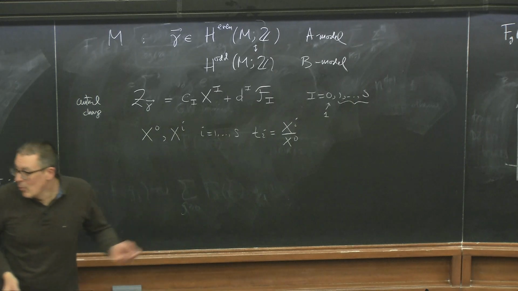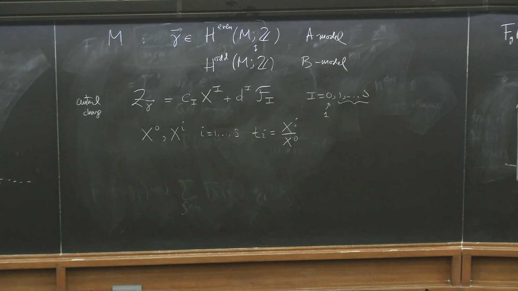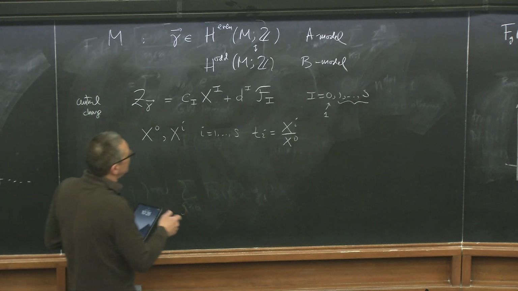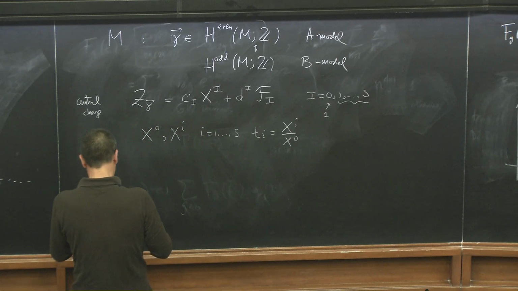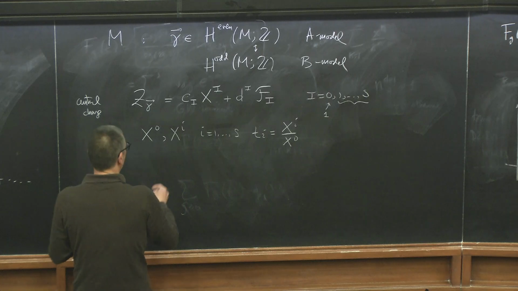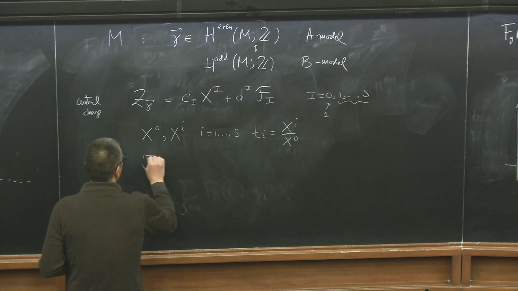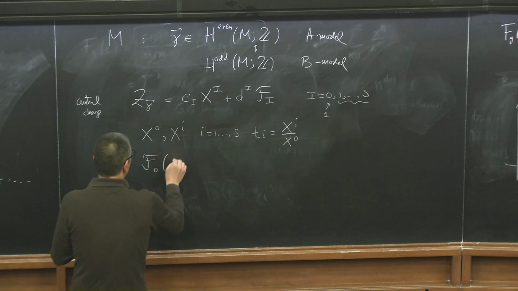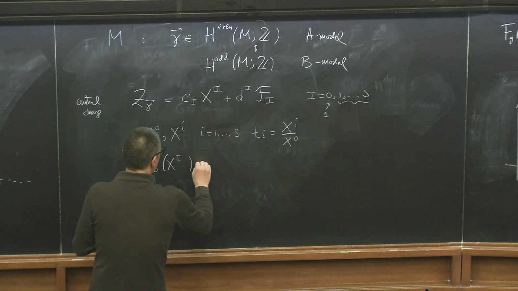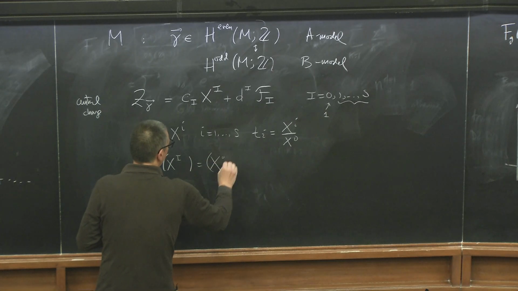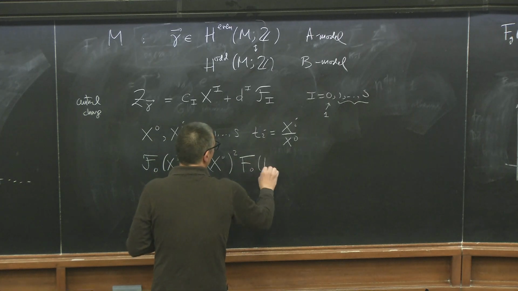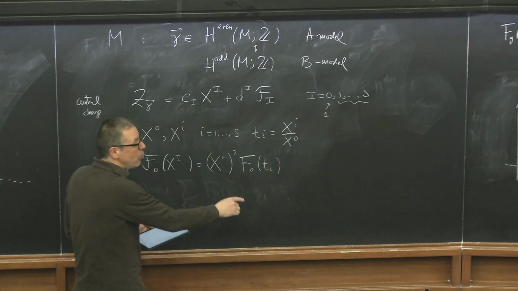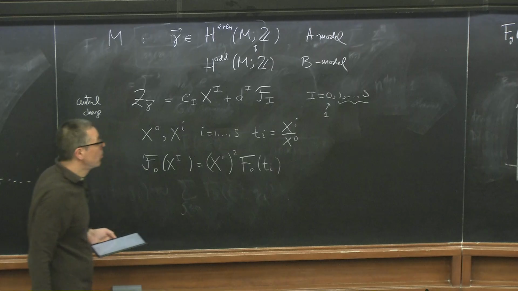And then in the same way, if you want to calculate these charges, these other quantities here, these fi's, you have to introduce what is called the projective prepotential. So you have to introduce a quantity I'm going to call f0 of xi, which is essentially x0 squared times f0 of ti. So f0 of ti is the thing that we saw before. It's the genus 0 free energy of the topological string.